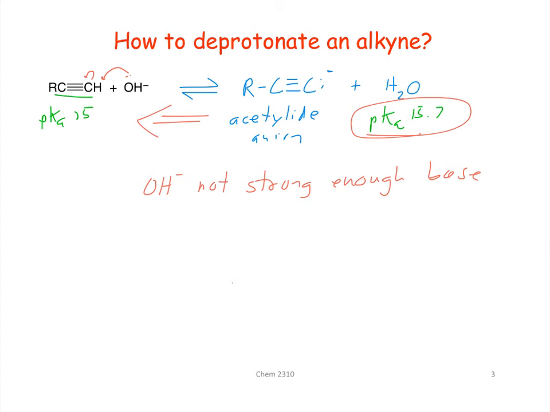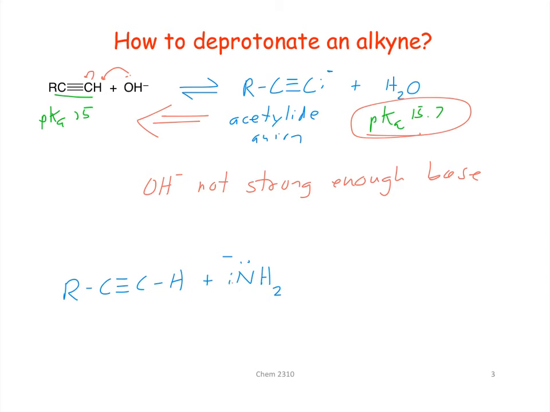So what we're going to do instead is use some chemistry we just saw. We're going to use NH2 minus. Nitrogen here has 2 bonds to hydrogens and 2 non-bonding pairs, which gives a minus charge.